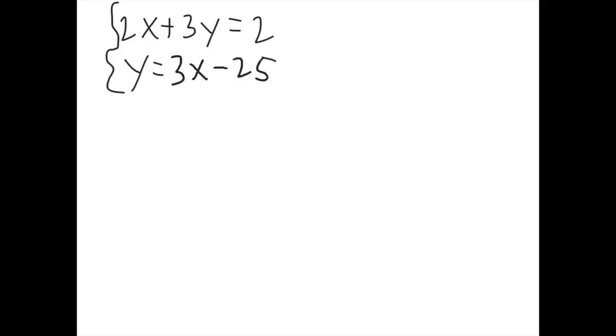So what we have to do is replace y, substitute it, with 3x minus 25. So we rewrite the top equation, 2x plus 3, and then instead of saying y, we say what y equals: 3x minus 25, and then that equals 2.